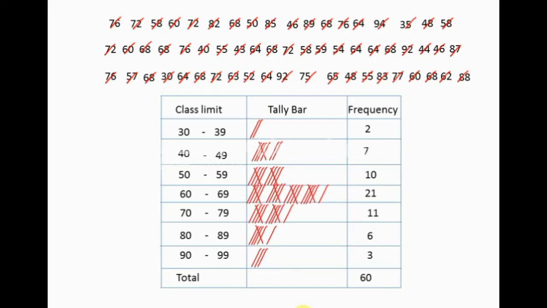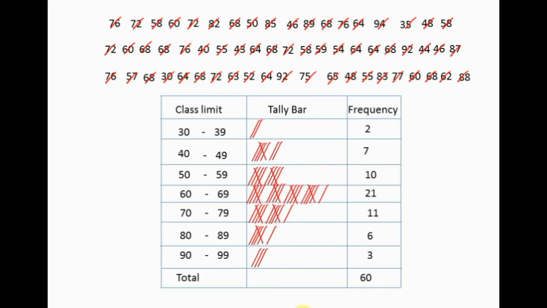So what we can learn from this frequency distribution or frequency table is that the number of poorly performing students whose scores are less than 50, or those students whose scores are more than 80, is relatively smaller than the number of students whose scores are between 50 to 59, 60 to 69 or 70 to 79.